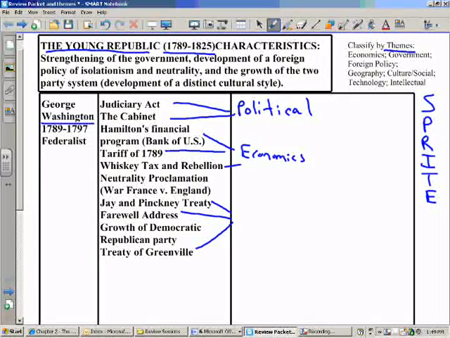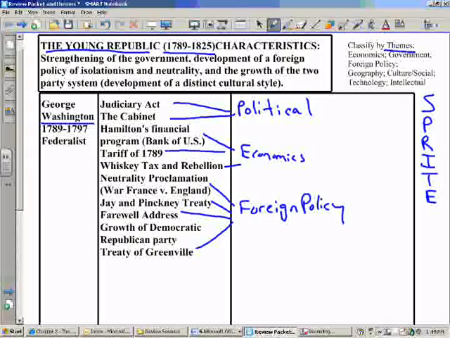Well, all of these deal with foreign policy or politics and government. And if you see, we have one item left, and that is the growth of Democratic and Republican parties. This too would fall under the political.